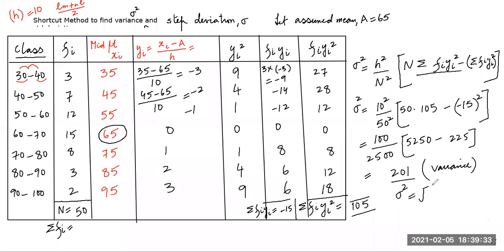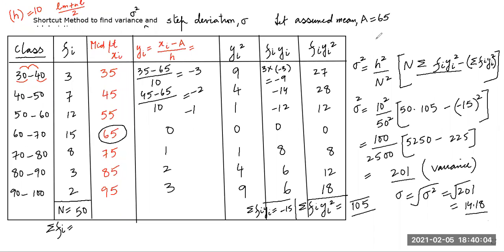Sorry students, standard deviation is sigma. Sigma is equal to under root sigma square, that is under root of 201, which is equal to 14.18. All right. So successfully we got the variance and the standard deviation also.